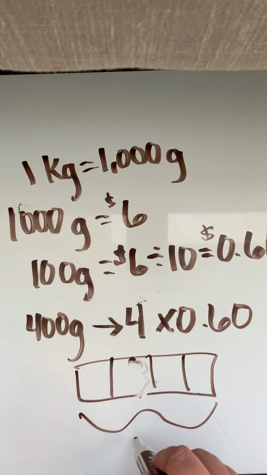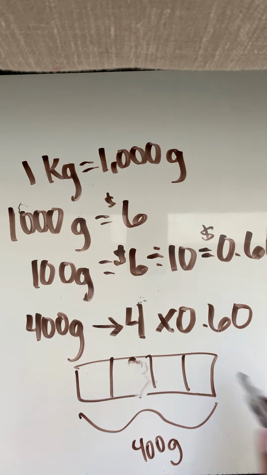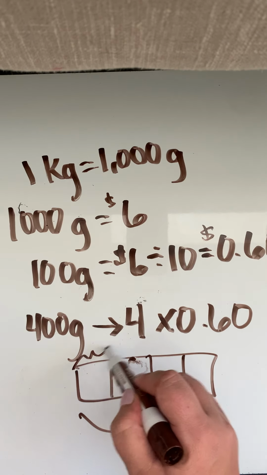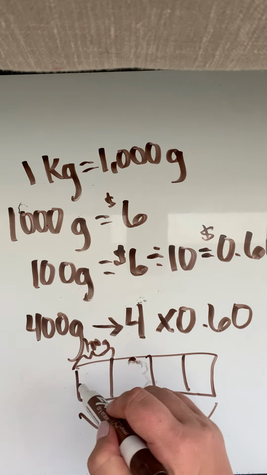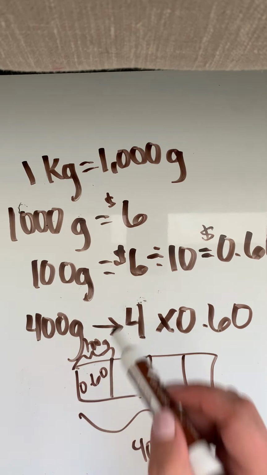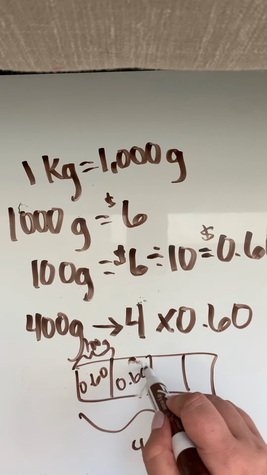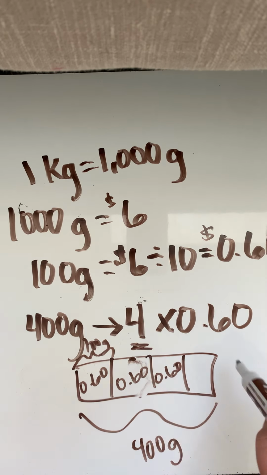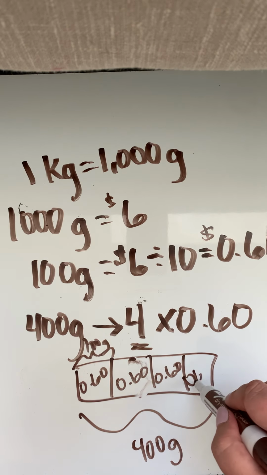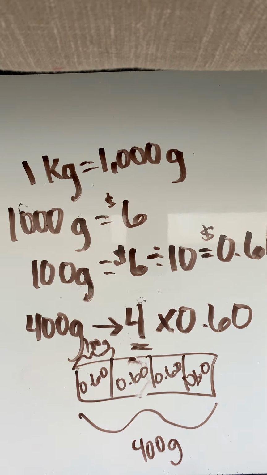If this is 400 grams, one of these is 100 grams, right? And 100 grams is 60 cents. So then I just need to either add that 4 times or I'm going to be multiplying it by what? 4. Okay, does that make sense why I'm doing that?